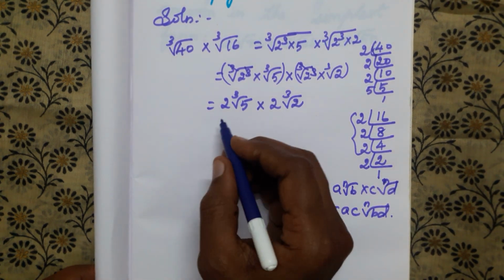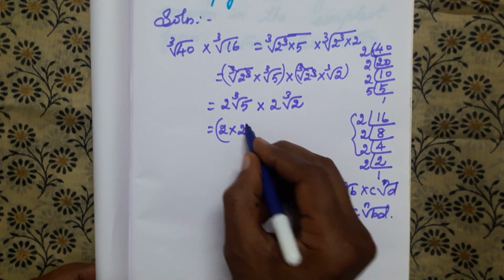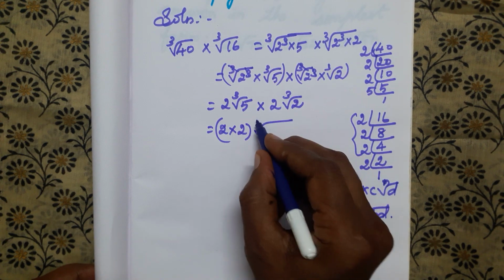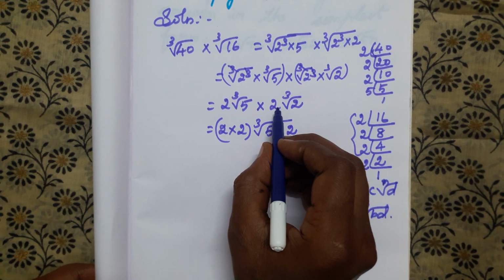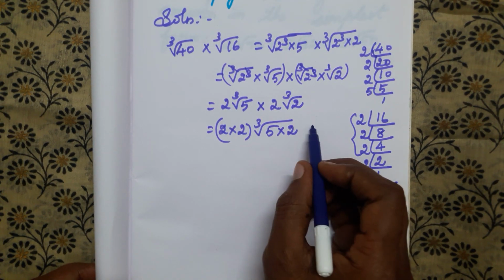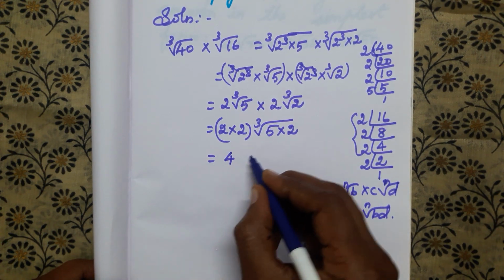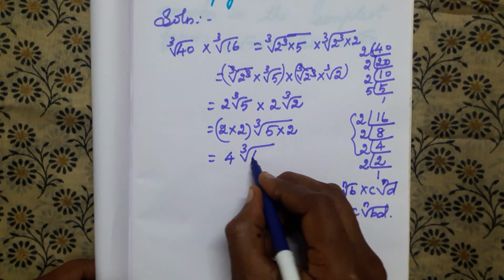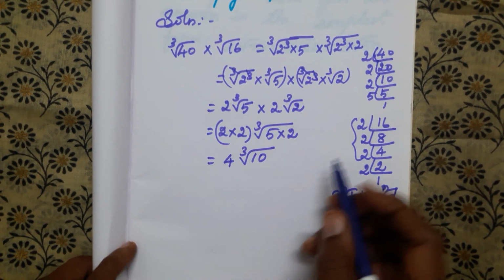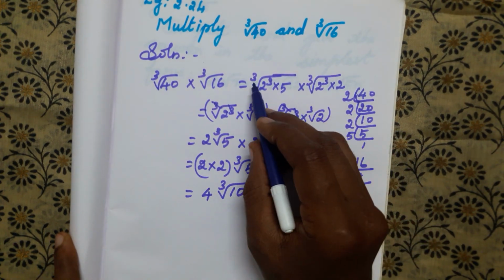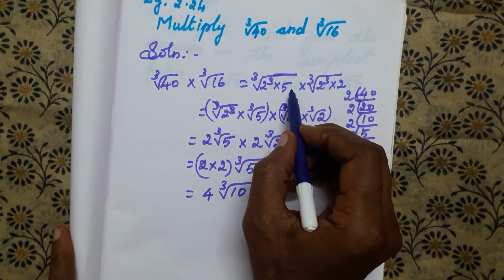When we are using that, what are we getting? 2 into 2. Next, cube root of 5 into 2. 2 2s are 4. Cube root of 5 2s are 10. 4 cube root of 10. Can you understand? Very easy problem. First, cube root of 40 is equal to cube root of 2 cube into 5.